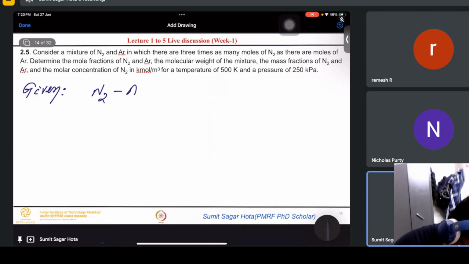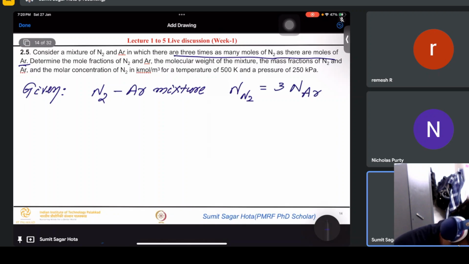There is an N2 and argon mixture. Something is also mentioned, 3 times. Consider a mixture in which there are 3 times as many moles of N2 as there are moles of argon. What does it mean? n of N2 equals 3 times n of argon.